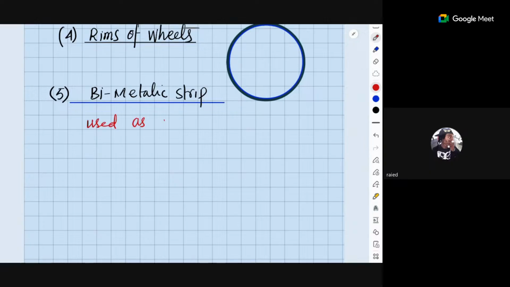It is used as a temperature sensor in electric devices, as a thermostat. I will talk about that in detail.